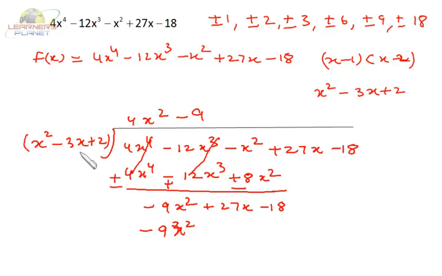Then minus 9 into minus 3x is plus 27x, then minus 9 into 2 is minus 18. So both the terms are the same, so we'll be getting the remainder as 0. That means we have factorized this expression into these two factors.